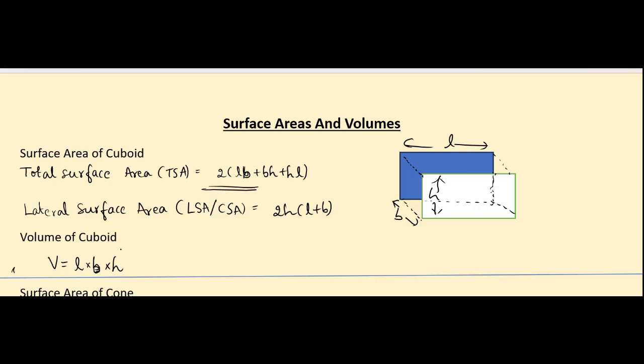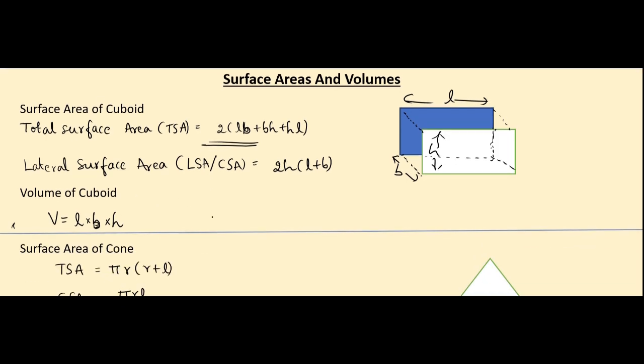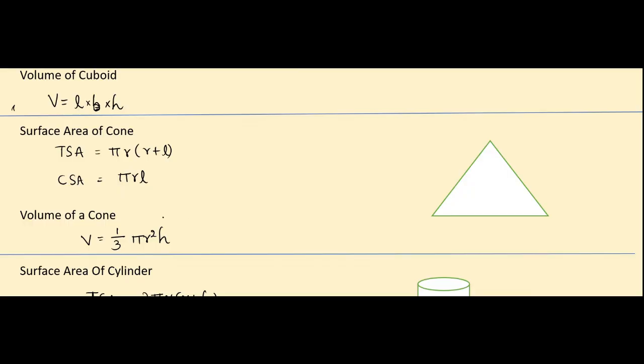Next, the volume of a cuboid is nothing but length into breadth into height. Next, the surface area of a cone.